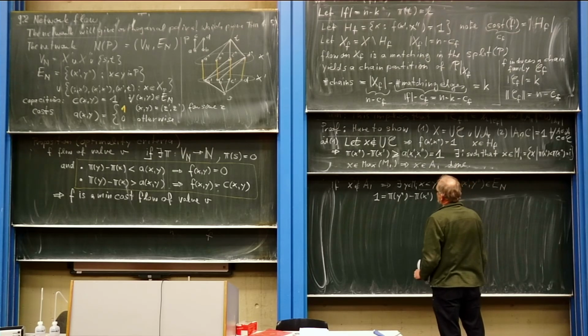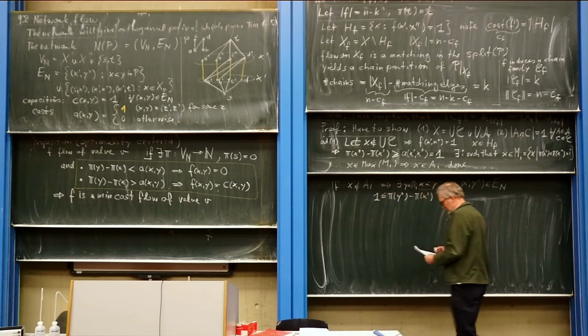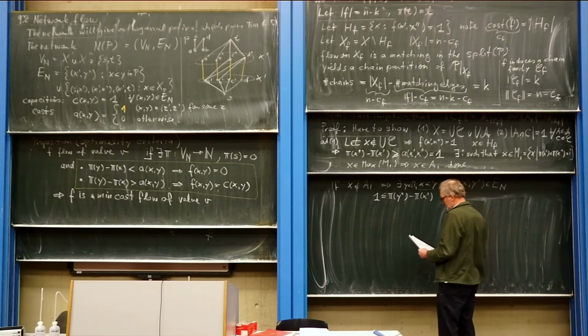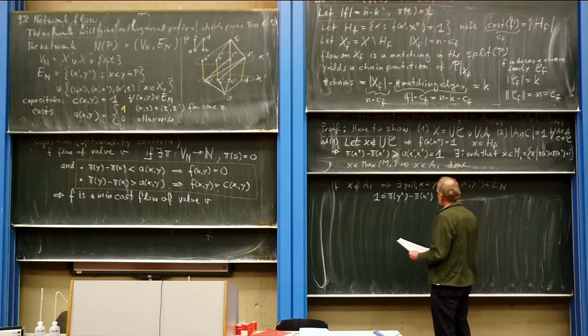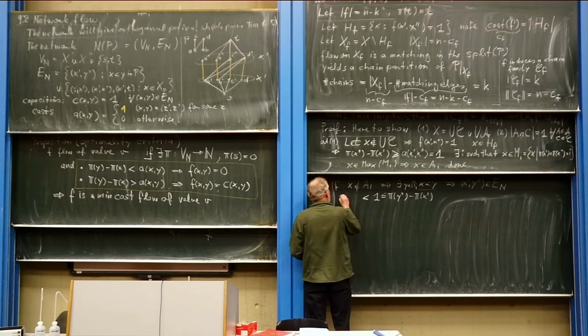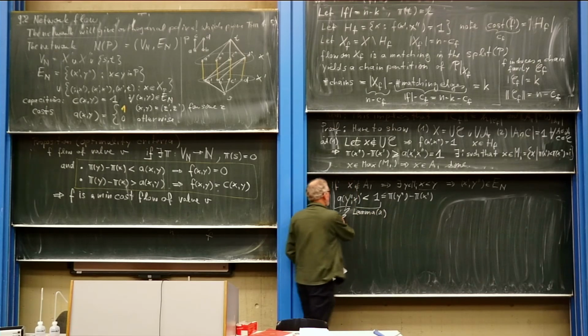We can also put it this way. So now this is greater than the cost of this, and this is a contradiction to lemma A. So this cannot happen.